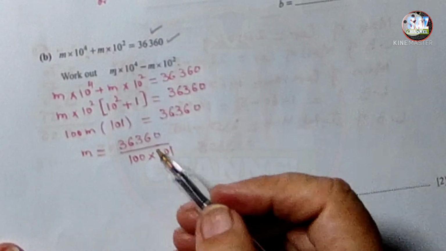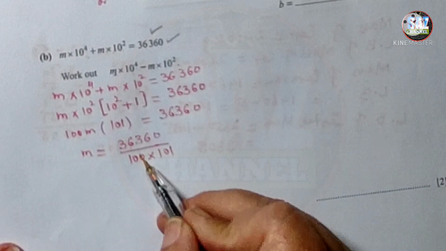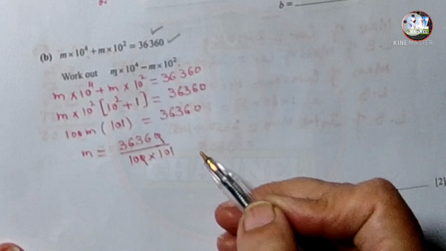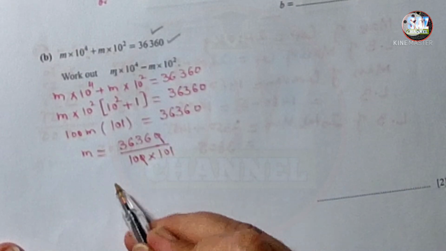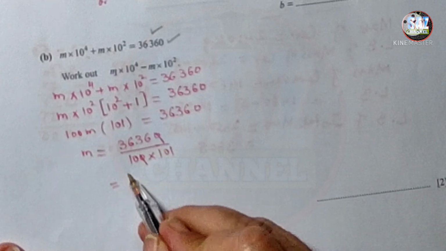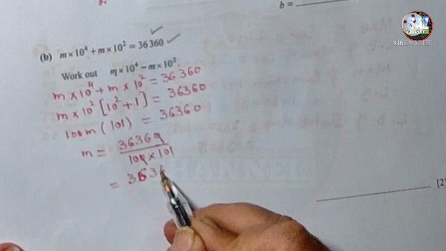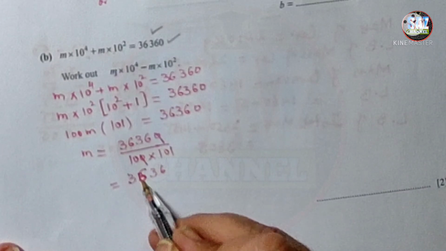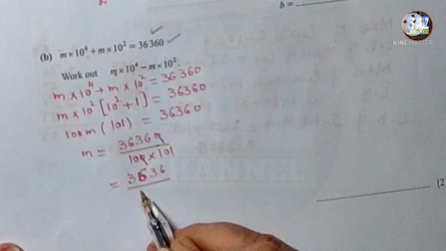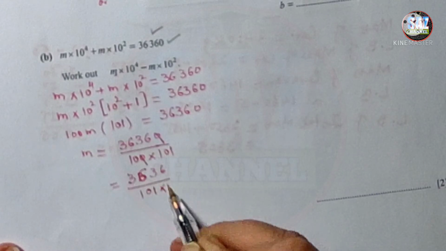Okay, now look, this 0 goes with this 0, and I'm left with 3,636 upon 101 multiplied by 10.